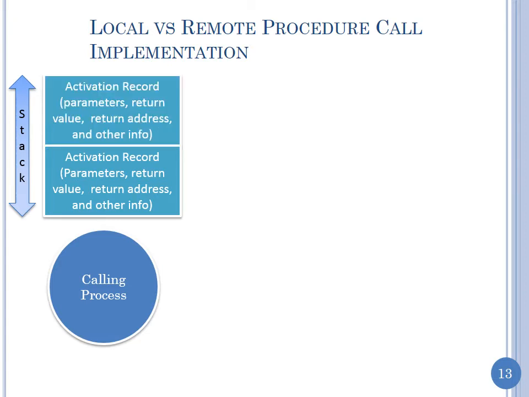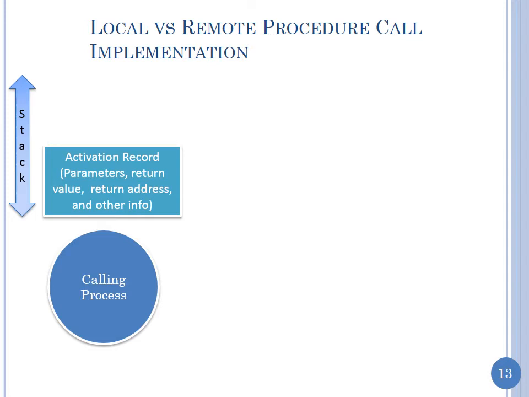You will jump to a particular address. The parameters will be processed, the return value will be put on the stack, and the record gets popped. You guys study stacks and data structures, and we see that at work in programming languages. That's what happens in a local call.